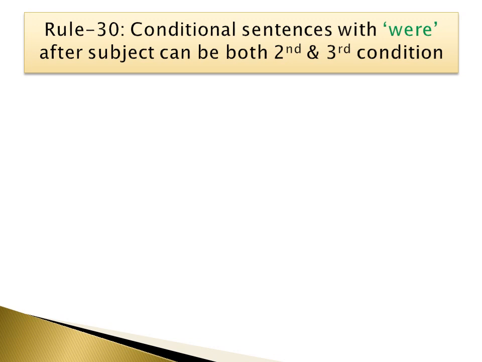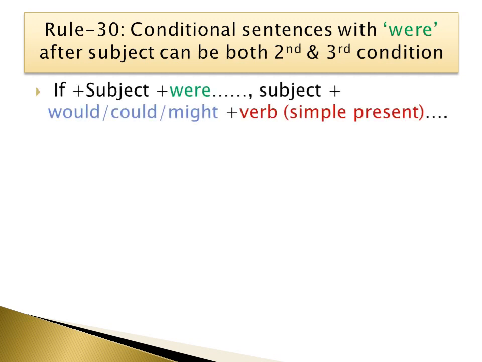Let us see conditional sentences with were. After the subject, it can be both second and third condition. So let us see the structure. If plus subject plus were. Then in the principal clause, after the subject, would or could or might and the main verb in simple present tense.